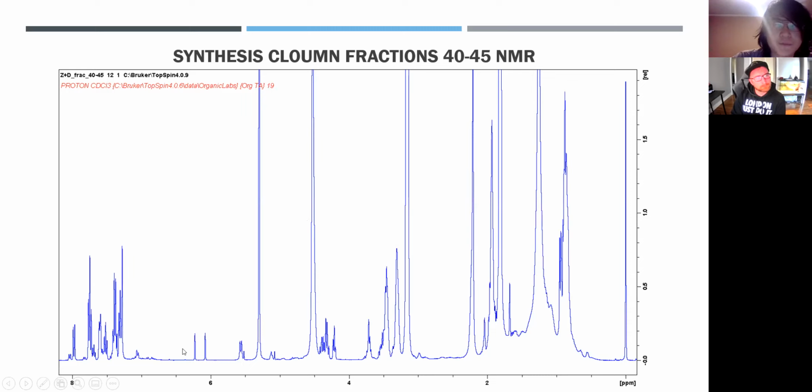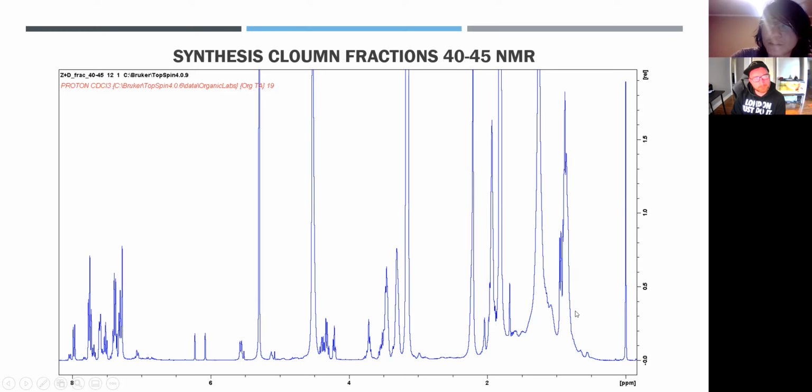And we see a couple more peaks a little bit above 6, which could possibly be amide bonds.